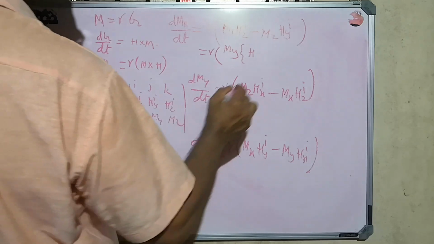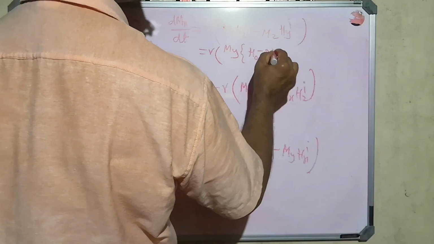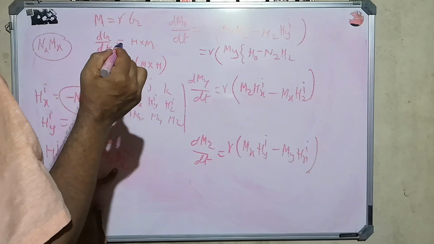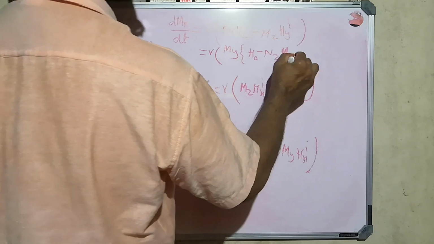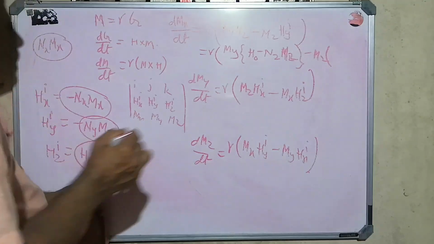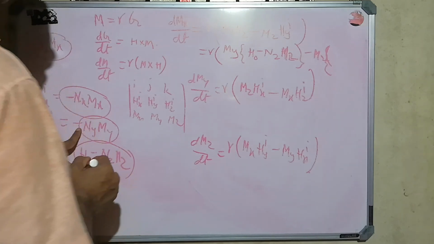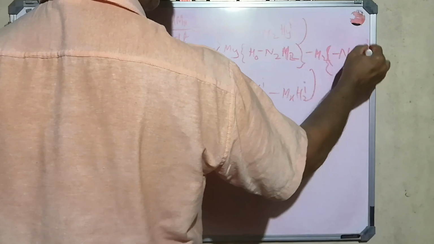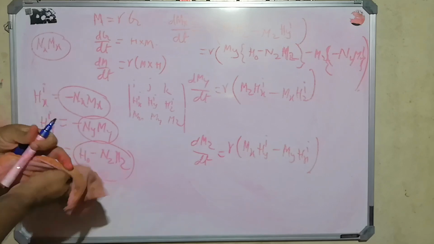So hz is nothing but h naught minus nz into mz, minus mz into this hy. You have to write now, hy is nothing but what? Minus ny my. So now you have to simplify this.